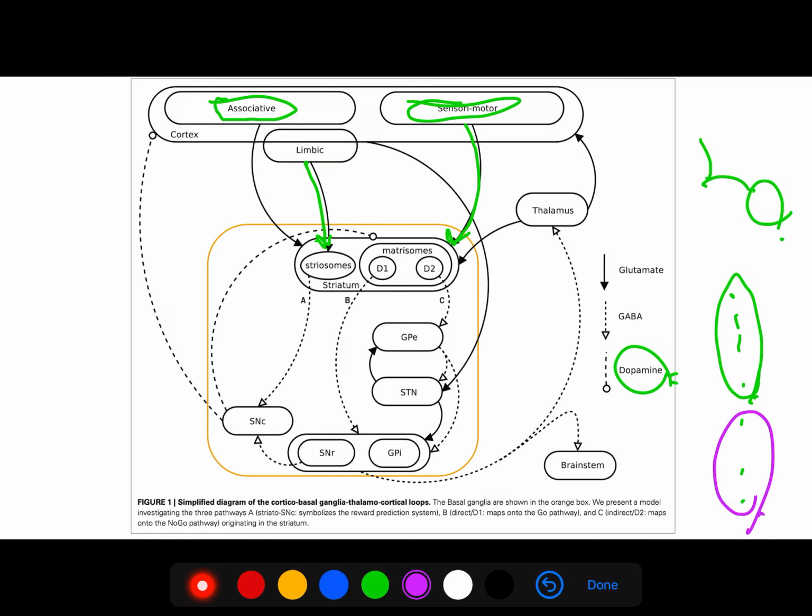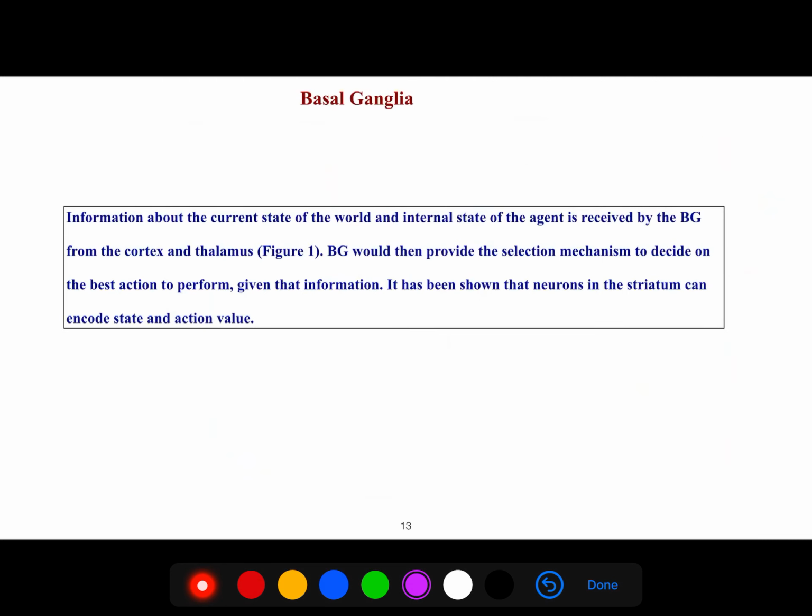But in our brain, neurons are more valuable than just single things that we treat the same as inhibitory and excitatory. There are two different roles for different purposes. There is a purpose behind that. Information about the current state of the world, the internal state of the agent, is received by basal ganglia from the cortex and thalamus.